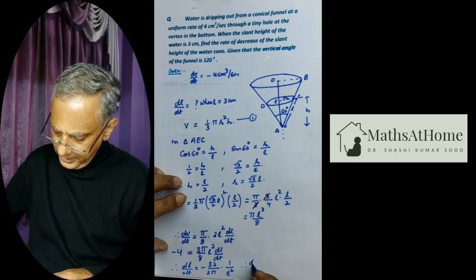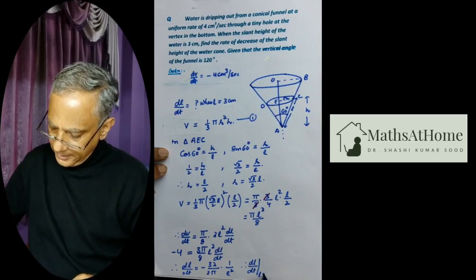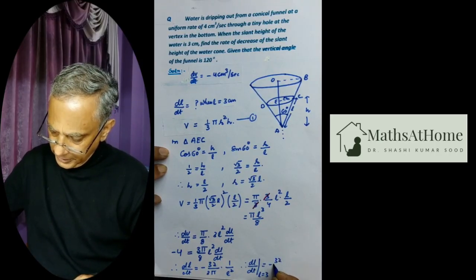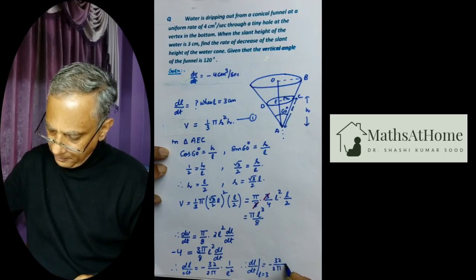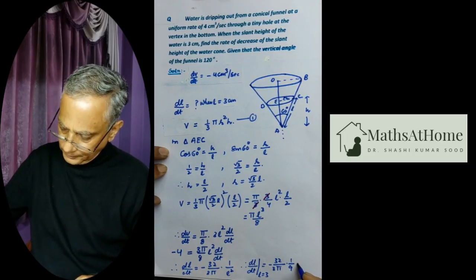Therefore dL by dt at L equal to 3 centimeter is minus 32 by 3 pi into 1 by 3 square. 3 square is 9.